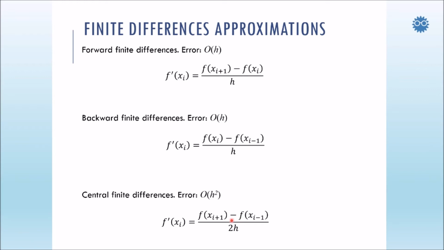Here we take the difference between one point forward and one point backward, and the delta x will equal 2h. Why? Because we put xi in the center between two points, one forward and one backward.